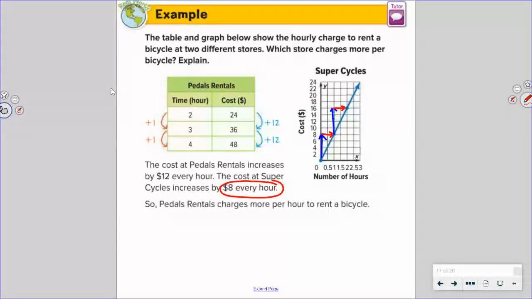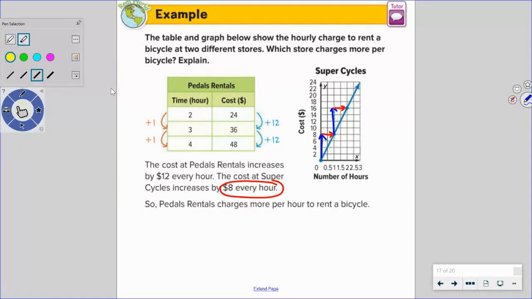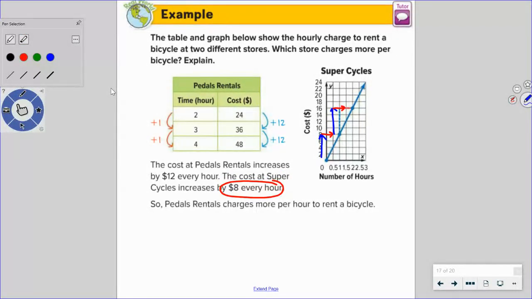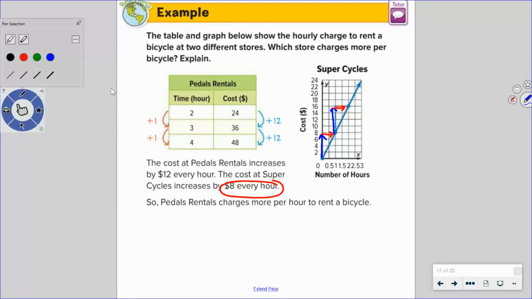Now I want you to look at the table. In the table's case, we have a different relationship for Pedals Rentals. In this case, we have $12 every hour.